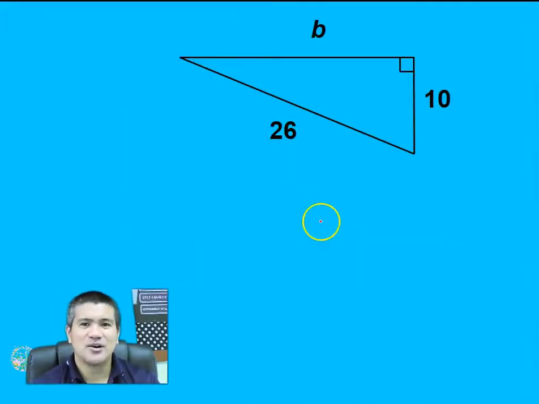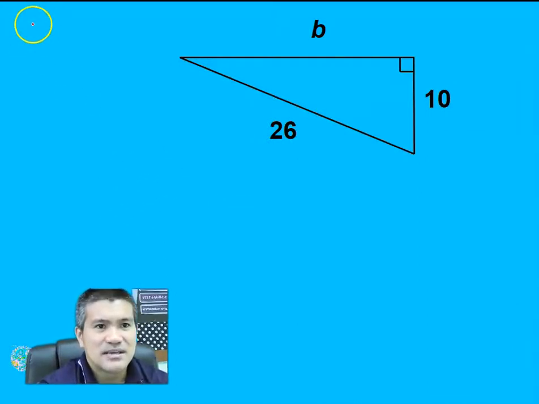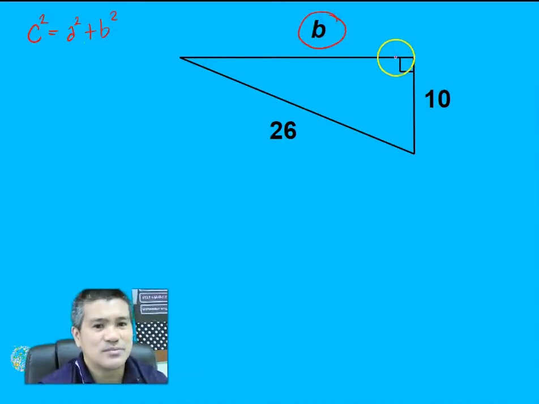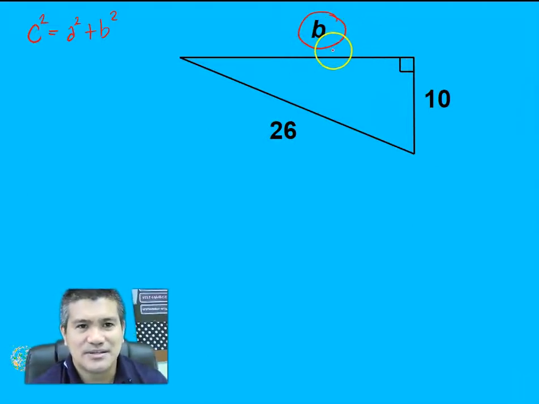How will we solve for b? We know that we are going to solve for c, so c squared equals a squared plus b squared. What about if we are looking for b? What will be our formula? How will we solve now for that equation?